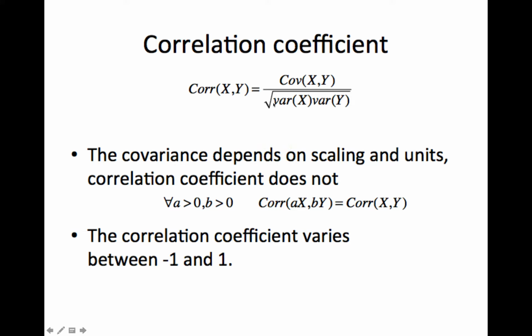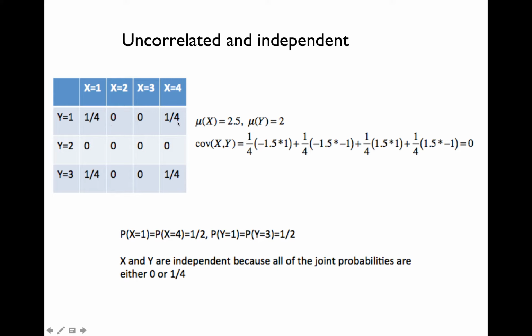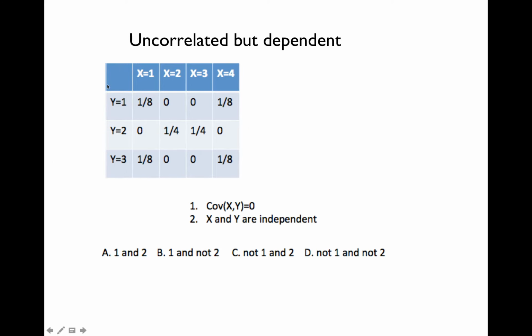And here we have a situation where we have two independent random variables, X and Y, but the covariance necessarily in this case would have to be 0.